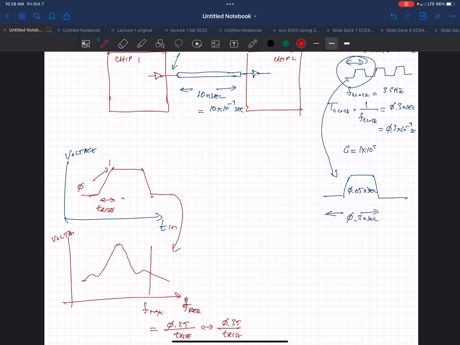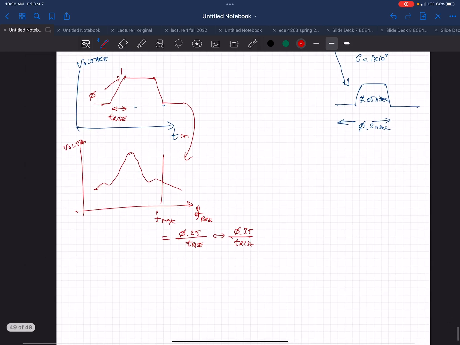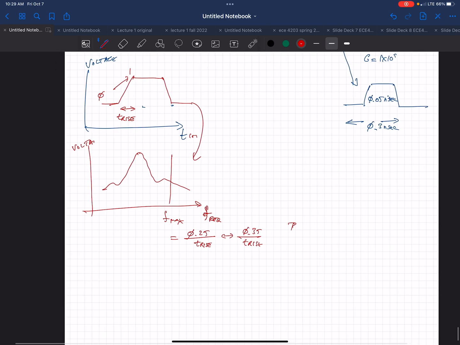Okay, so that lets you, again as a rule of thumb, know about important frequency ranges for a digital signal.